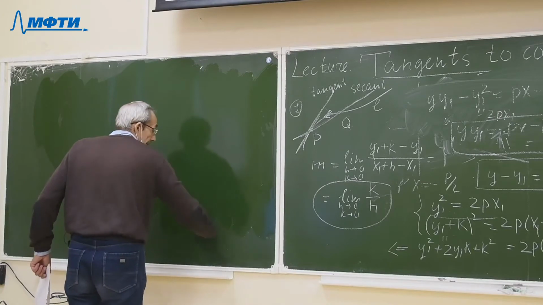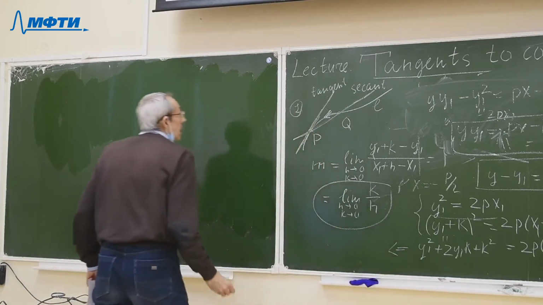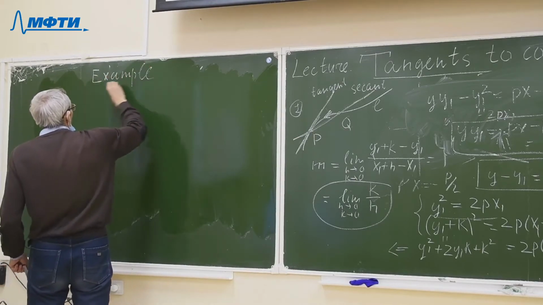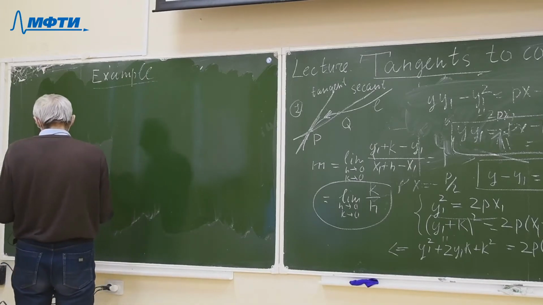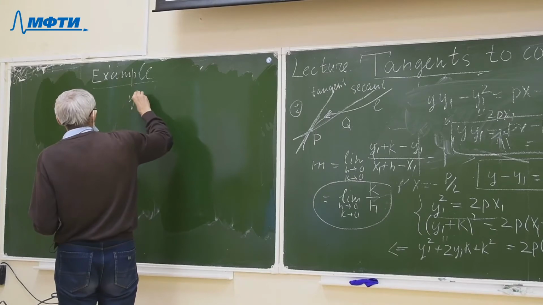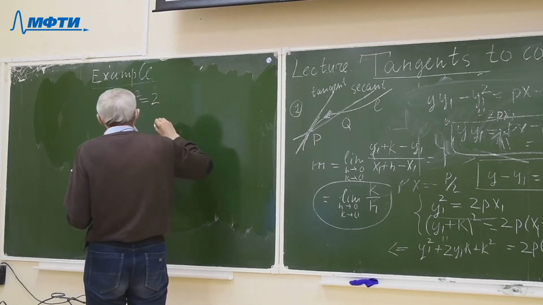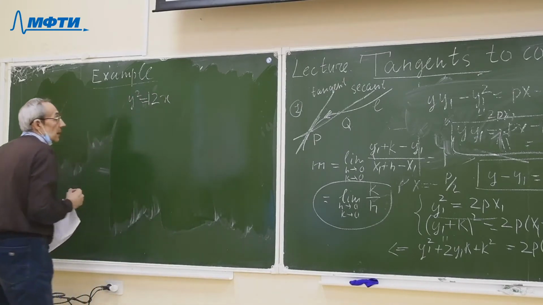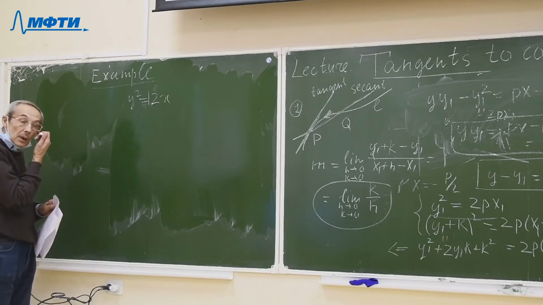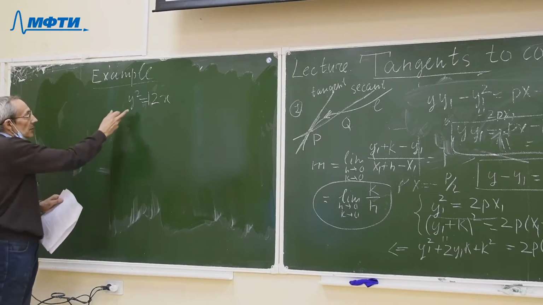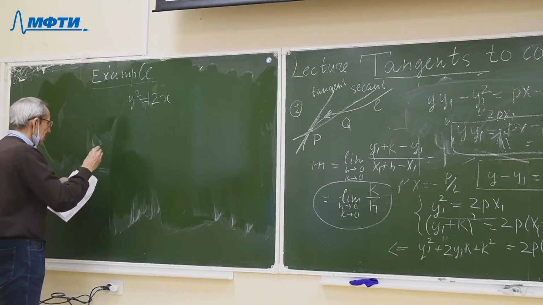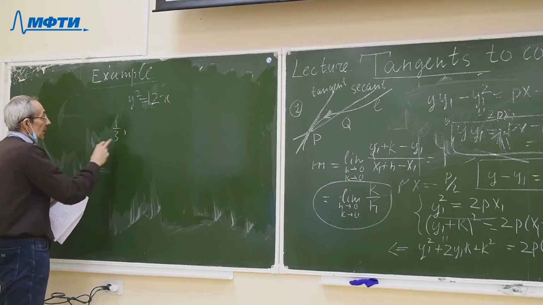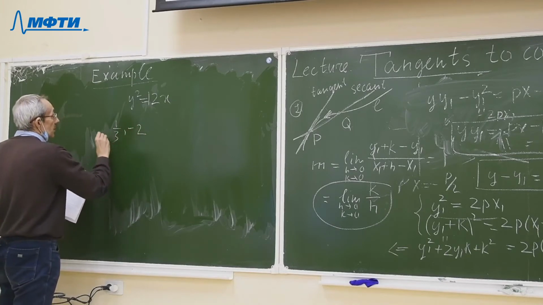Example. Let we have the following equation: y square is equal to 12x, and find the equation of the tangent straight line to this parabola at the point with coordinates 1 divided by 3, minus 2.